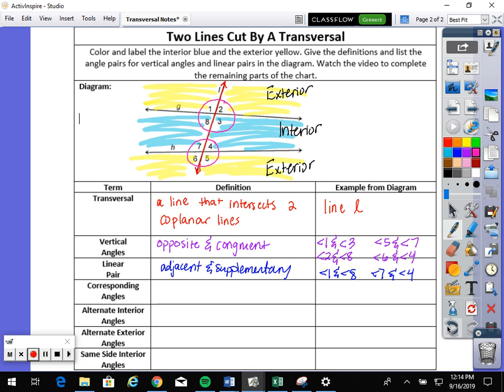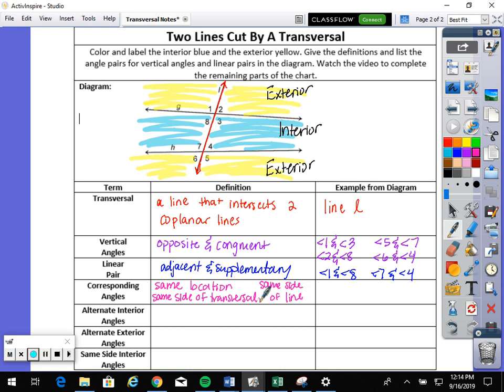So I'm going to say corresponding angles are in the same location, which means the same side of the transversal and then the same side of the line.